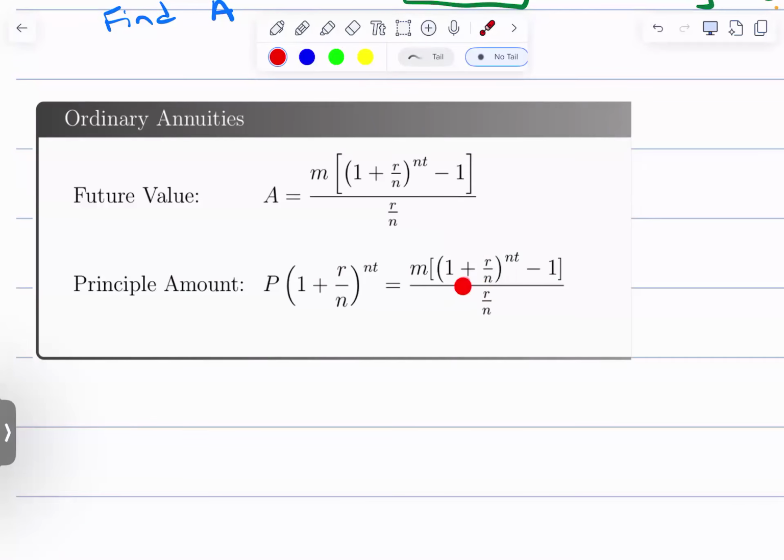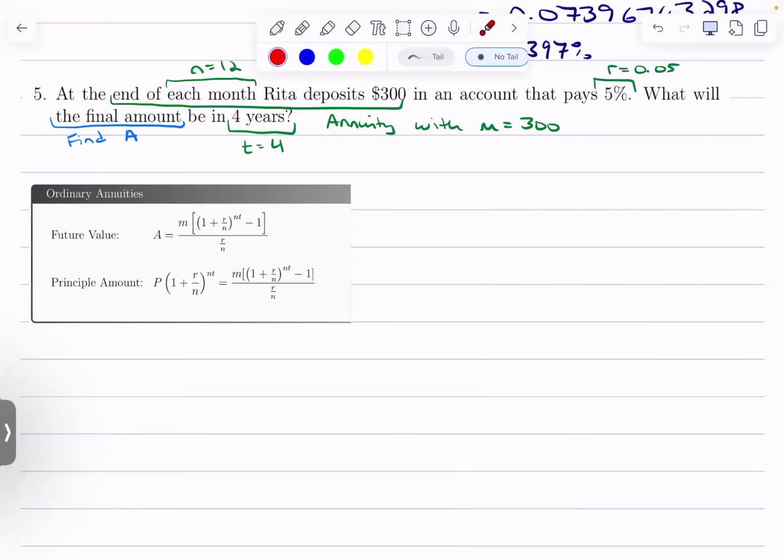So technically this is A, but we're solving for P in this case. So for our question, we want to use this formula here for A. But the hard part is figuring out that it's an annuity, and that you have to solve for A. So those are the hard parts.